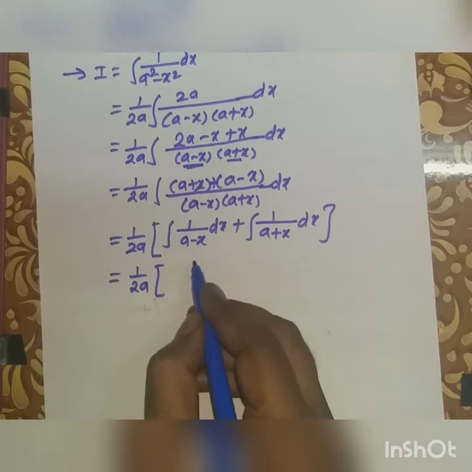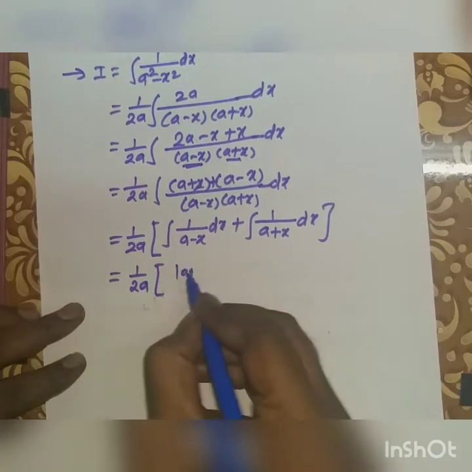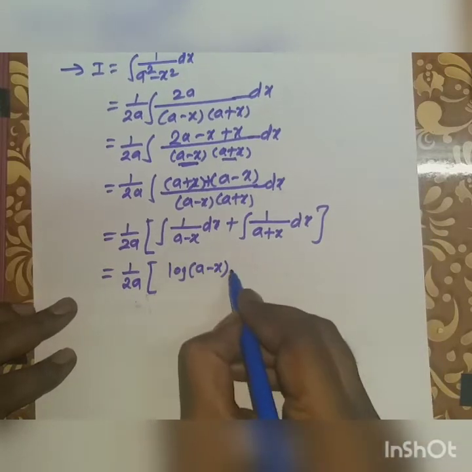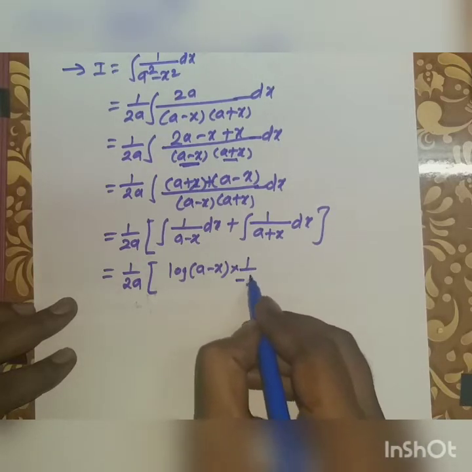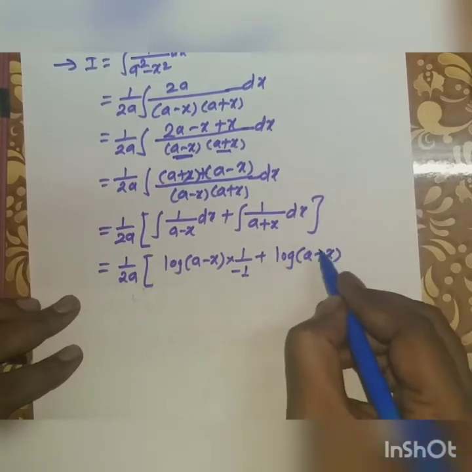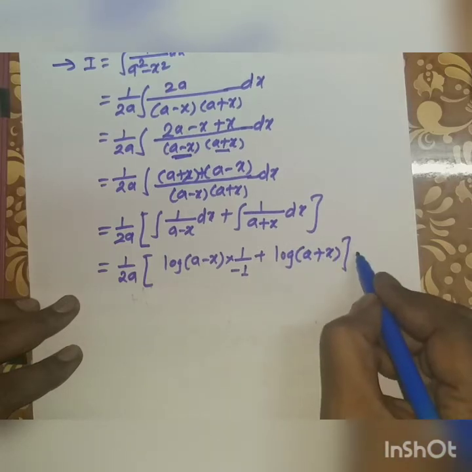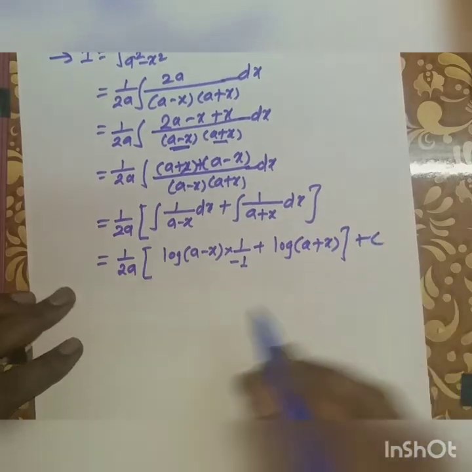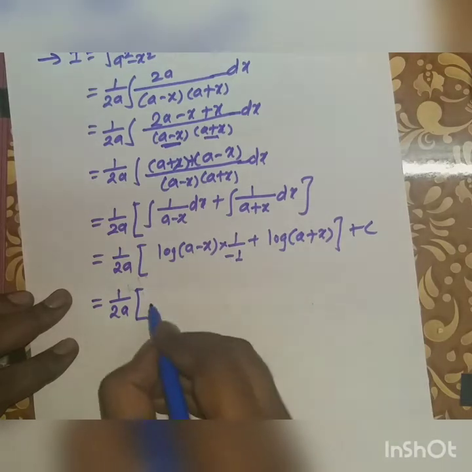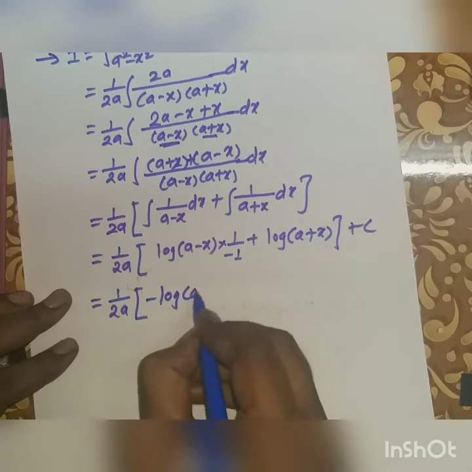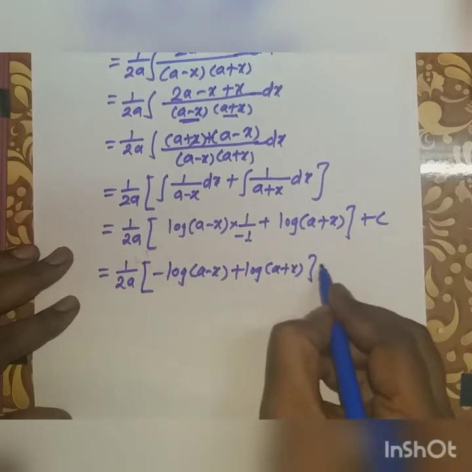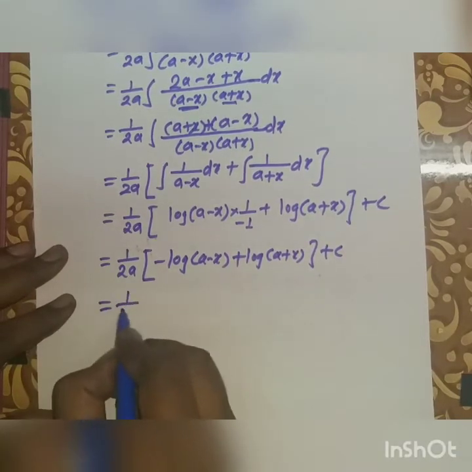Now again the integration of 1 by x is log x, so log of a minus x, but here the coefficient of x is not 1 but minus 1, therefore 1 divided by minus 1, plus log of a plus x, here the coefficient of x is plus 1, therefore we do not need to divide, right. It is equal to 1 divided by twice a bracket, multiplying by this minus 1, the first term is minus log of a minus x plus log of a plus x, plus c, 1 by twice a.